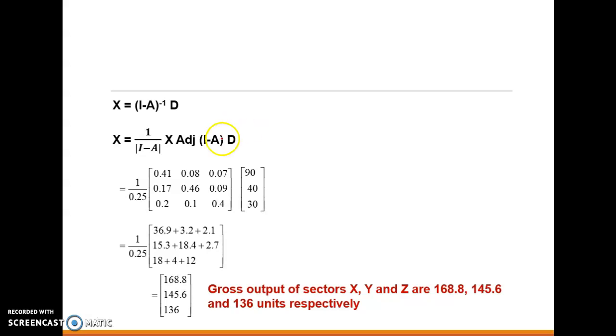So note down this formula: 1 divided by the determinant of I minus A, which is 0.25, into the adjoint of I minus A that we just calculated, then multiplied by the new demand, that is 90, 40 and 30. By simple matrix multiplication you can calculate the amounts. This is the new gross output of X, Y and Z industry, which they should produce in order to meet the new demand of 90, 40 and 30 respectively.